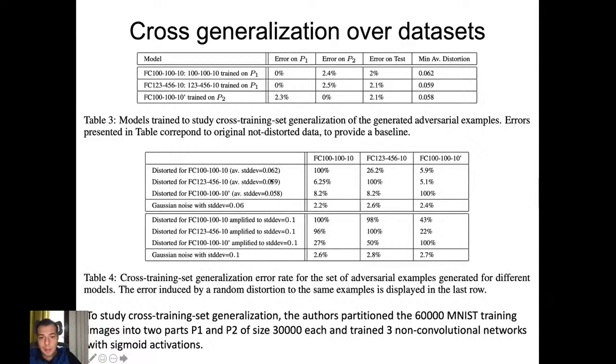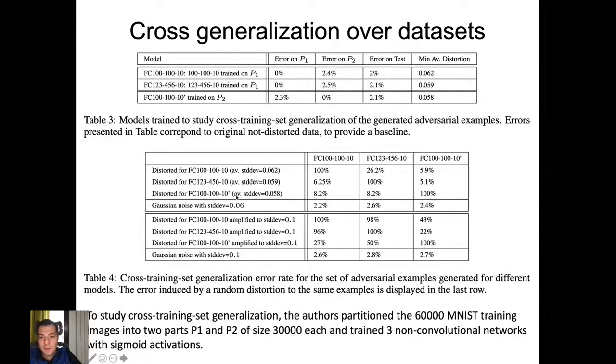The same happens for this other model. Of course the examples are generated for this model that's trained on part 1, so it increases the error rate for both other 2 models.